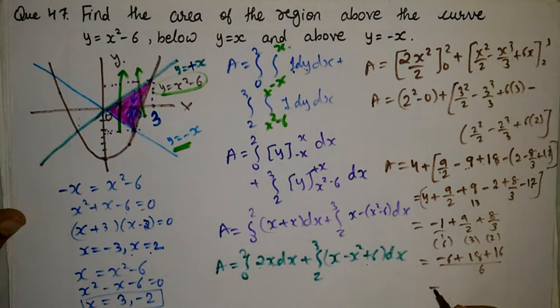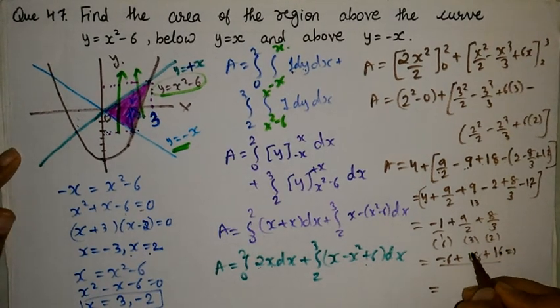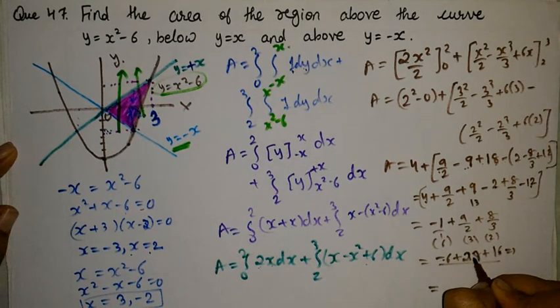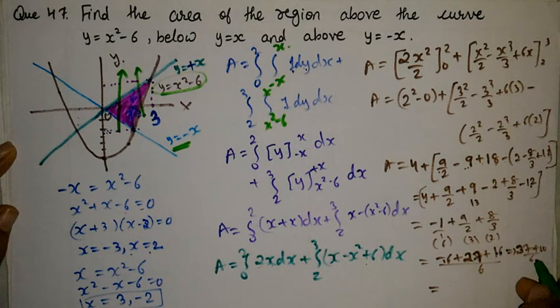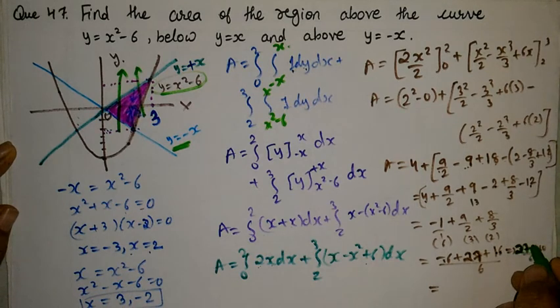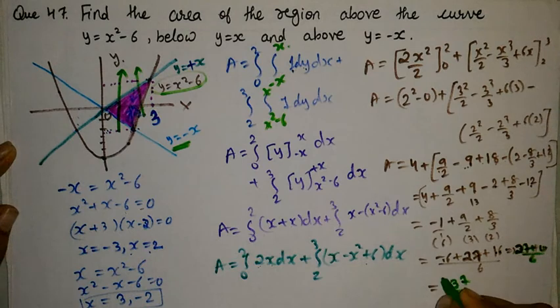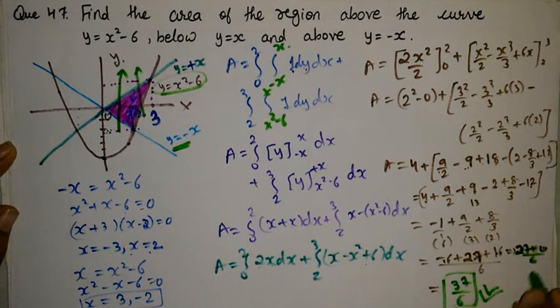So solving this, we get minus 6 plus 27 plus 16, and minus 6 plus 16 will be 10. So 27 plus 10 by 6. So our final answer is 27 plus 10 by 6, that is equal to 37 by 6.